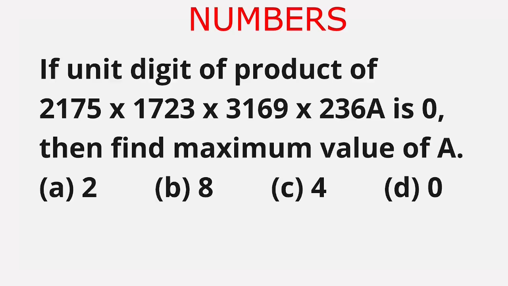In this video, we are solving questions for finding unit digits. Our question is, if the unit digit of the product of 2175 multiplied by 1723 multiplied by 3169 multiplied by 236a, where the ones place is a, is 0, then find the maximum value of a.